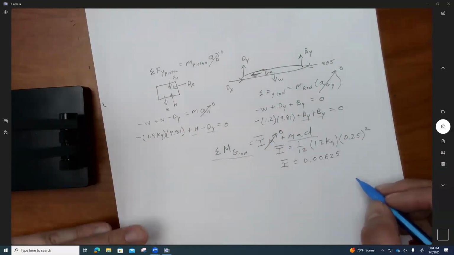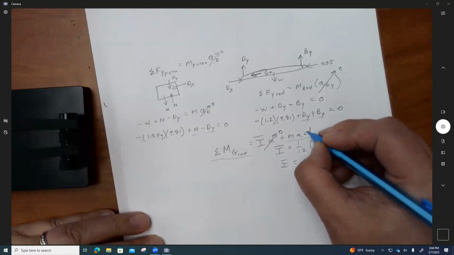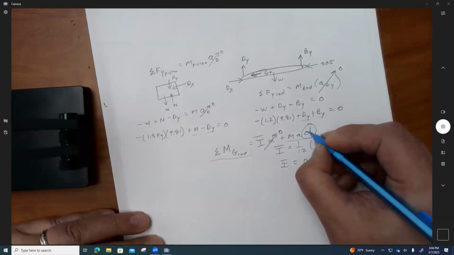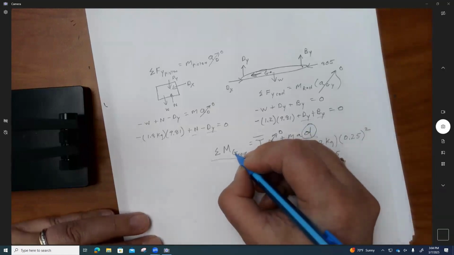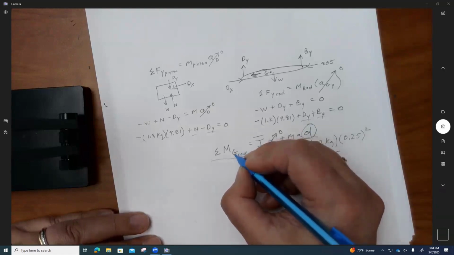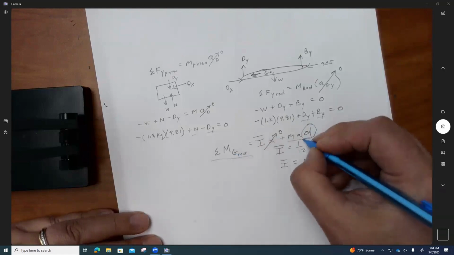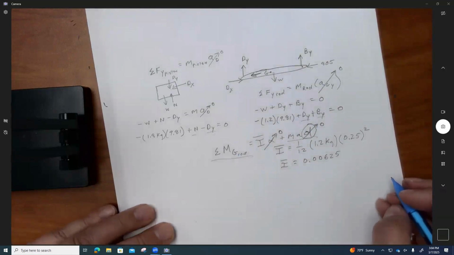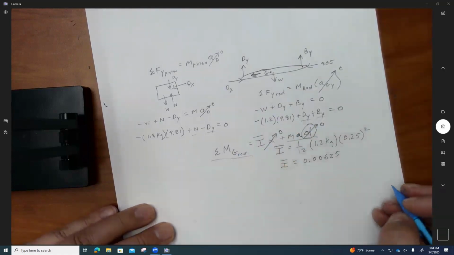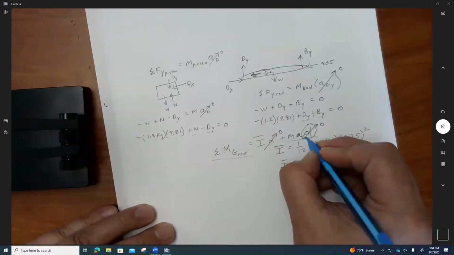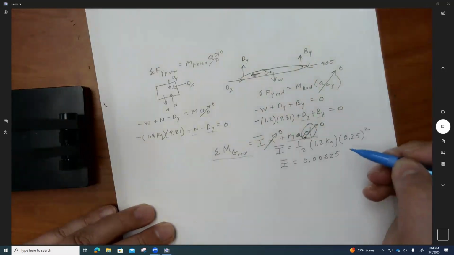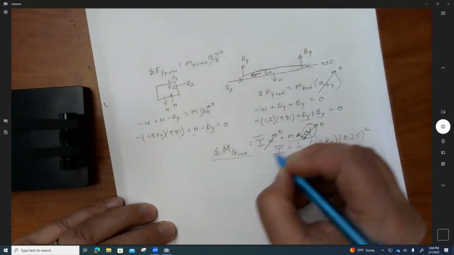But since our MAD has no d distance, this d is the distance between where we are summing our moments and the center of mass, and we are summing our moments at the center of mass, so that is equal to 0, which zeroes out that term. Also, there is no component for the acceleration of the center of mass in the y direction. It's only in the x direction, so all of that goes away.